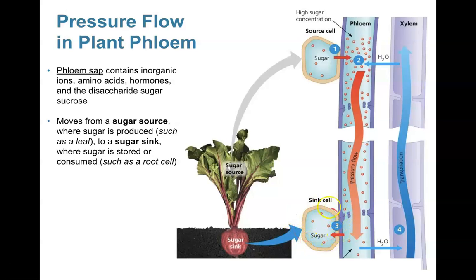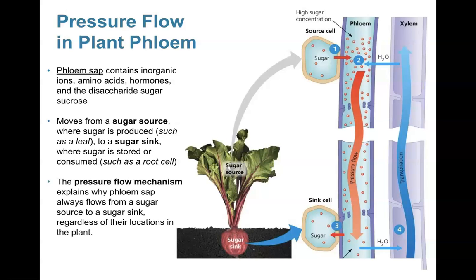This is going to occur in the root, and that's where sugar will get transported. We can see that movement occurring in the phloem. This is known as a pressure flow mechanism, and it explains why phloem sap always flows from a sugar source to a sugar sink in various locations of the plant.